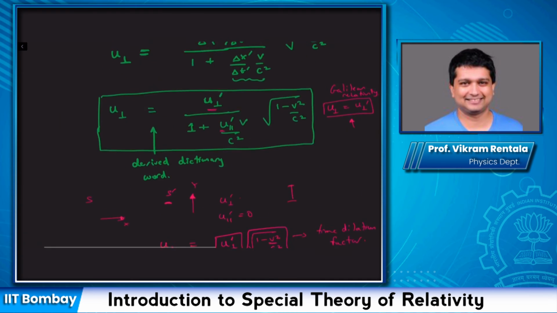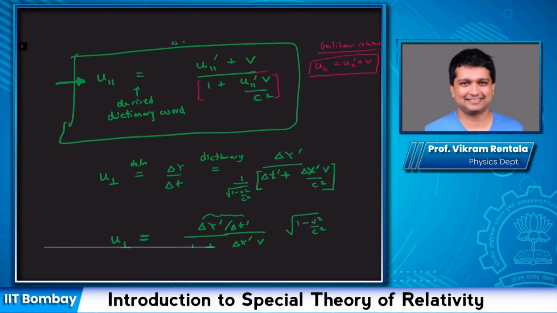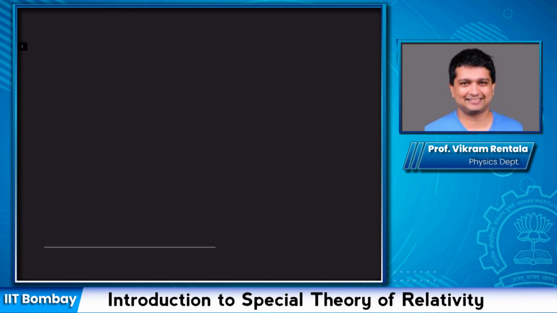Another interesting thing that we can see is if we go back, for example, to looking at the parallel component of velocity. Supposing we have an object which is thrown with the speed of light. Okay, so let's take light itself. So in the frame S prime, we have a light beam which is shined at a speed u parallel prime, which is equal to c.